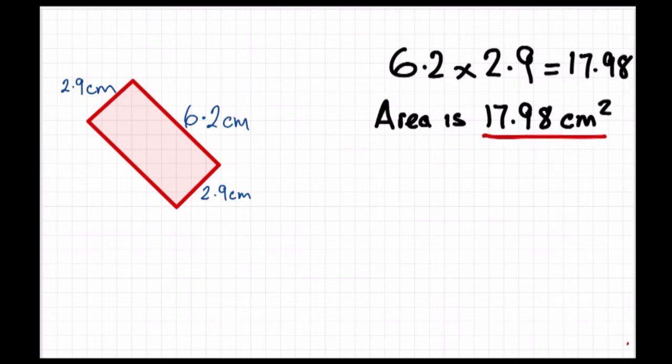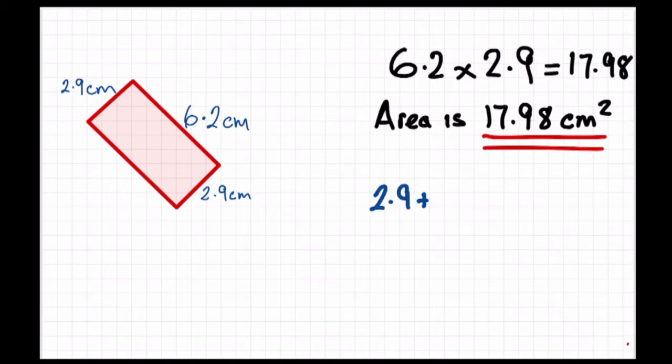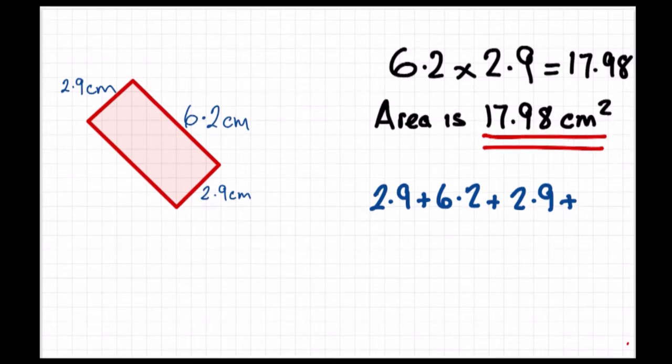Now I can also calculate the perimeter. And for that I have to add all the sides together. So that will be 2.9 plus 6.2 plus 2.9 plus, and even though the other length isn't written down on the diagram right there, we know that it should be 6.2, the same as the side opposite. So let's see, we need to add these all together.